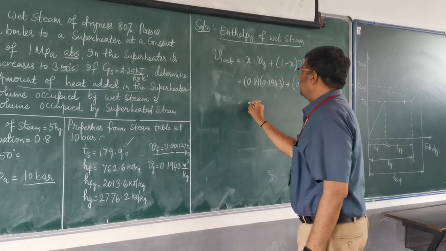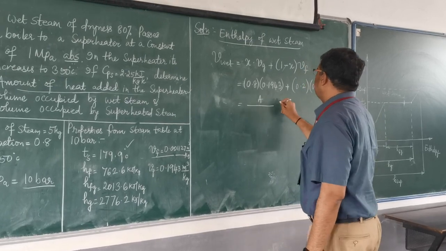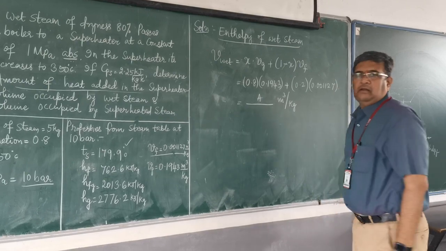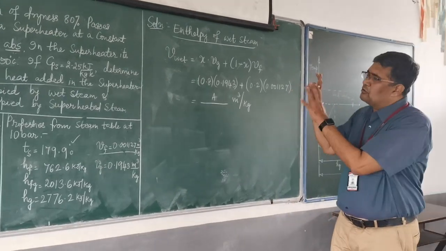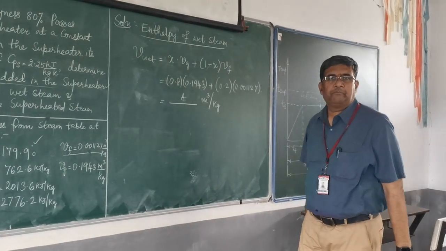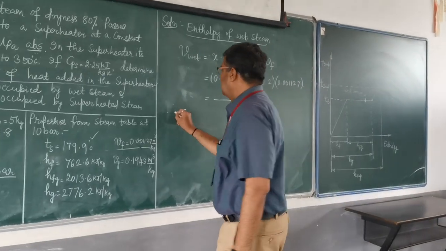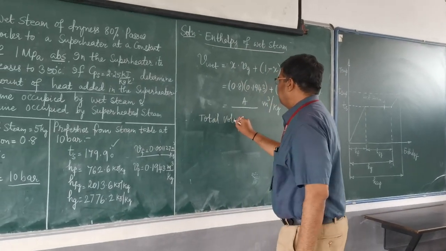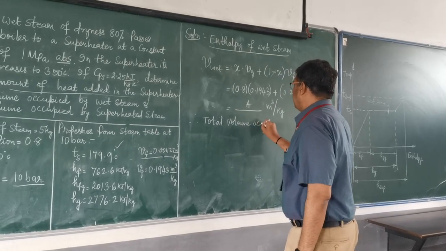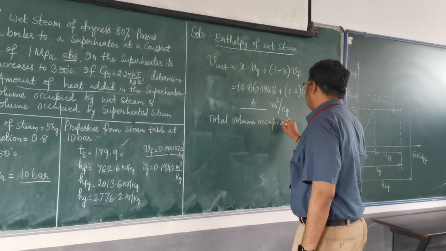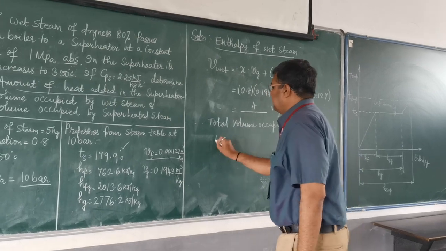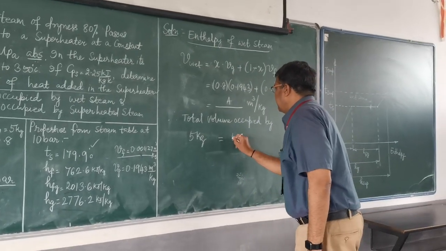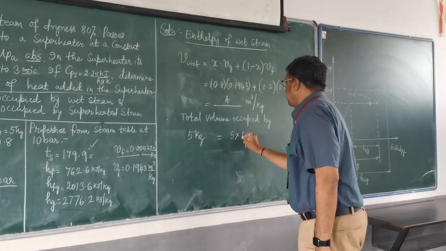Whatever value you get, let's say this will be A. Because we have found out the specific volume, it is in meter cube per kg. Therefore, the total volume occupied by 5 kgs will be equal to 5 into A.